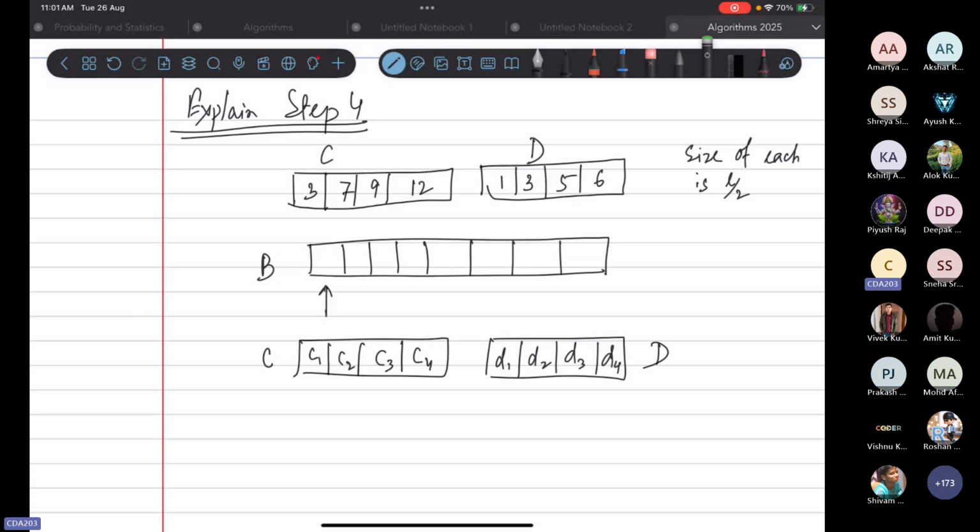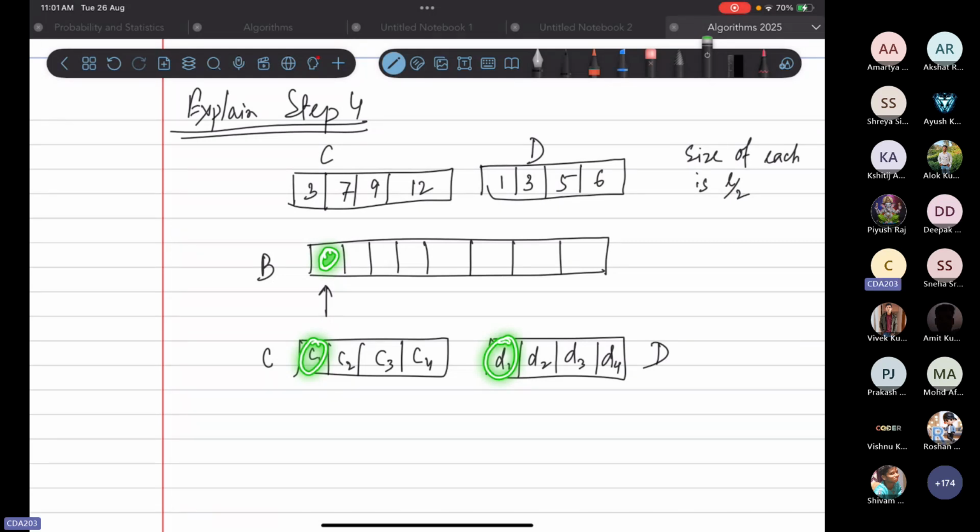Can you tell me, when I'm going to combine these two into a single sorted order, what will be the first element here? Yes, exactly. The option for this first element will be either C1 or D1.